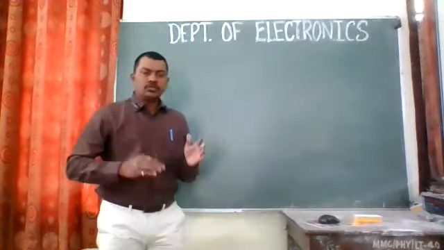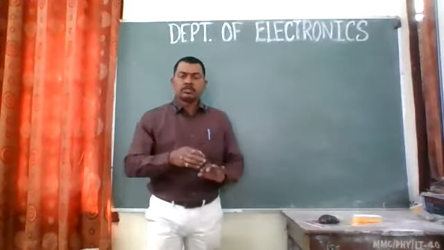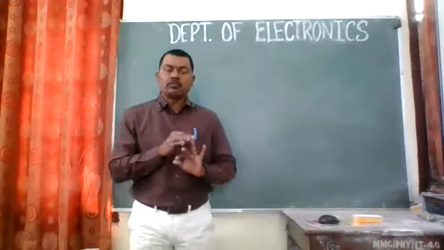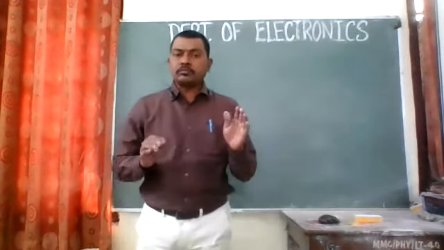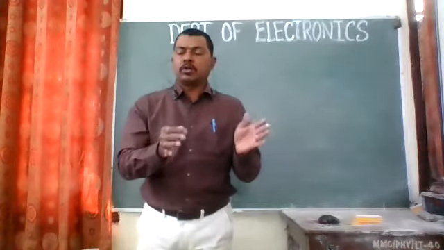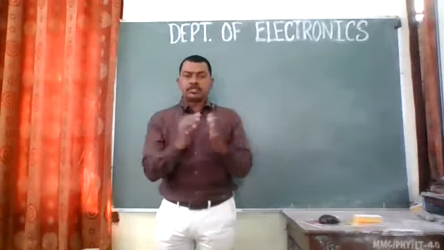So what we have studied is four types of number system: decimal, binary, octal, and hexadecimal. The next topic was how to convert the numbers between these number systems.